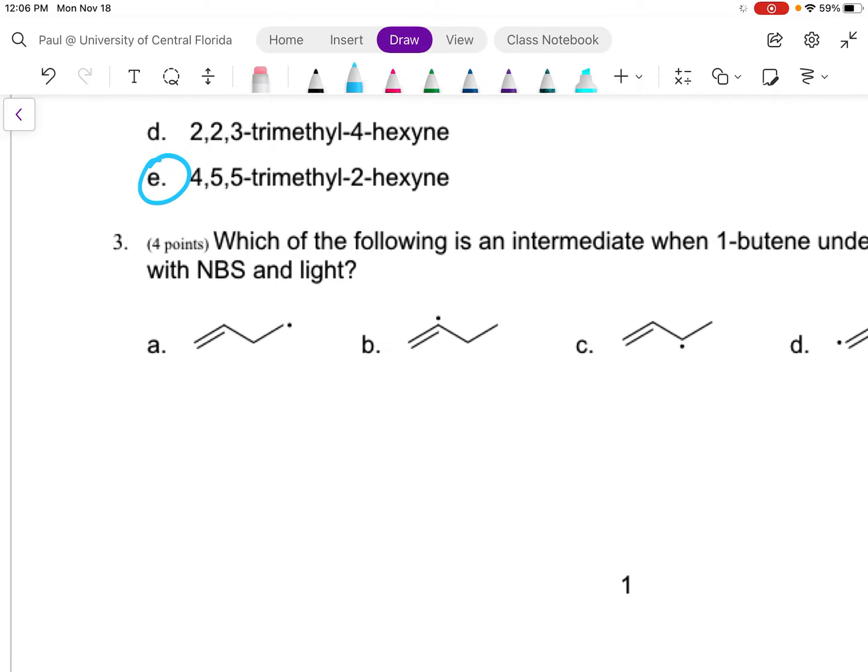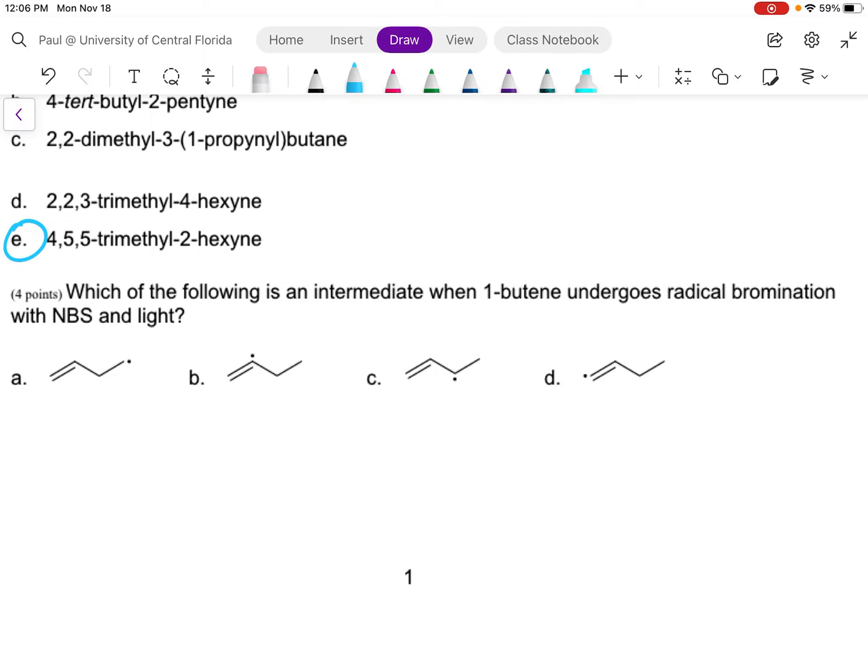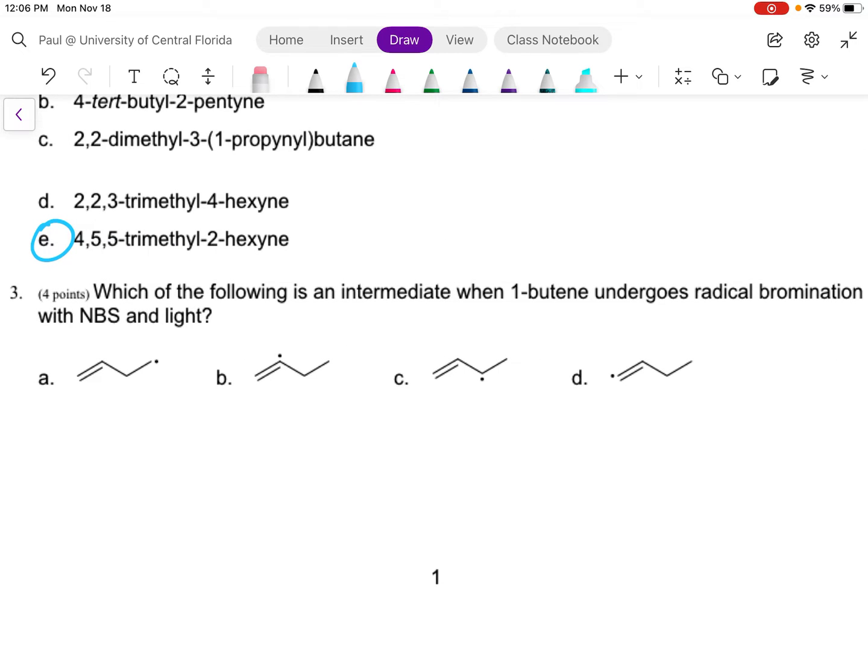Question 3. Which of the following is an intermediate when 1-butene undergoes radical bromination with NBS and light? So what does 1-butene look like? Looks just like that.